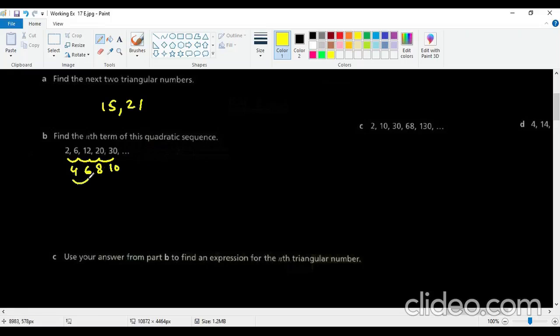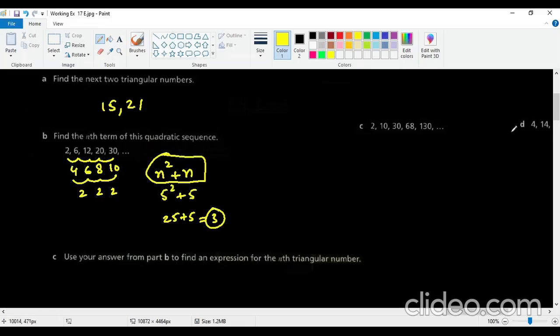Okay, over here the second difference is 2, and as soon as we see this, I will write n square, and when we subtract, add the nth term to this, we are going to get it. Now let's find out the fifth term. So fifth term is 5 square plus 5, that means 25 plus 5 is going to give us a 30. That means this term rule is fine, and this is your answer for this question.